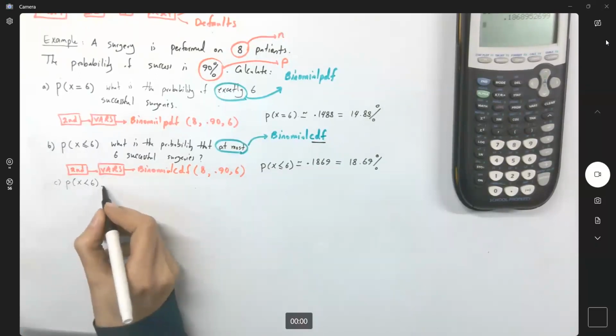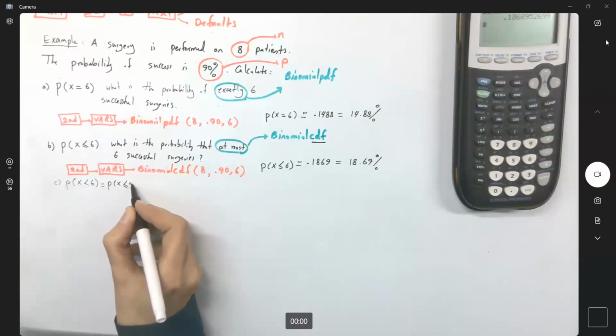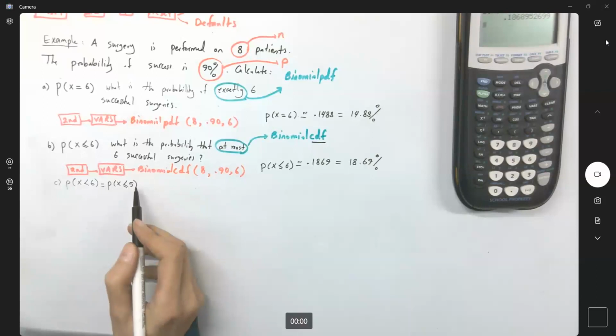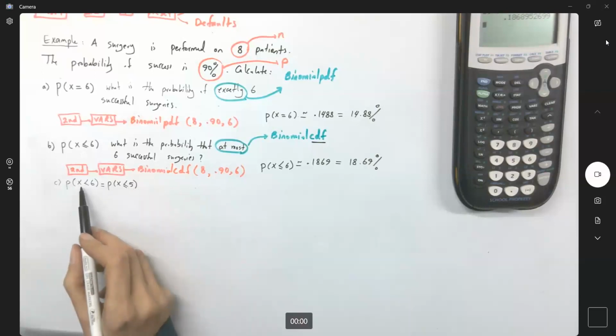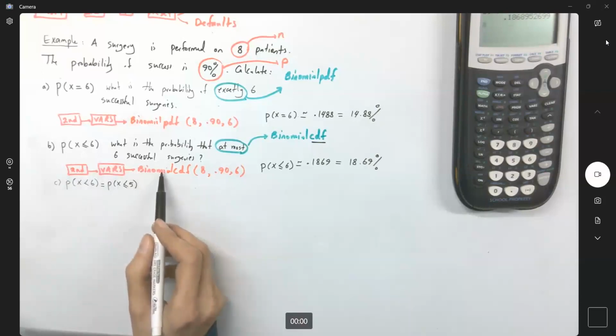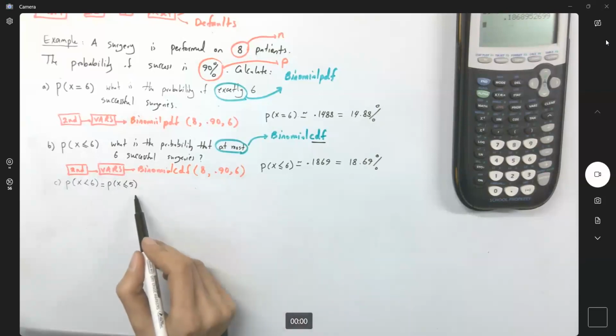Or equivalently, you can write it as probability that x is less than or equal to 5. It means that when you're using P of x less than 6, you can follow what you did before, but the number here is now changed into 5.